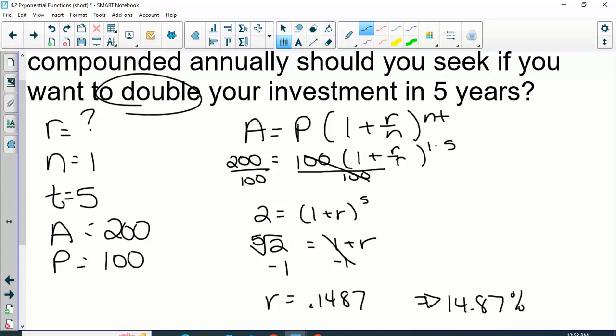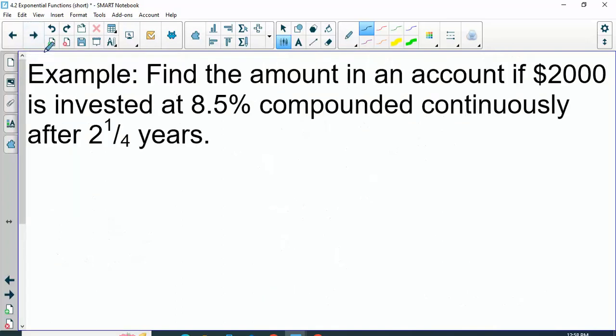Last, find the amount in an account if $2,000 is invested at 8.5%, compounded continuously after 2.25 years. So when I say find the amount in an account, what am I looking for?